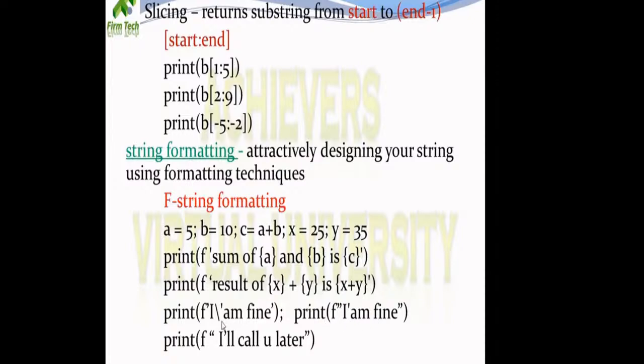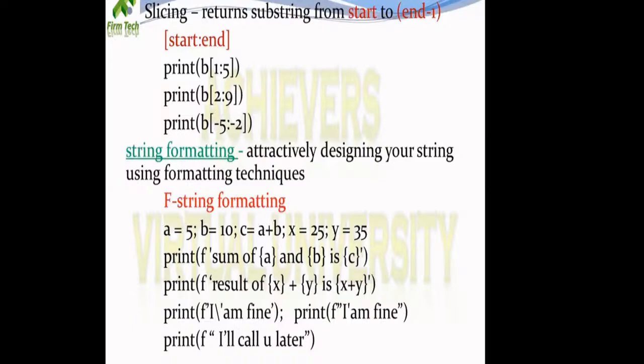If you want to avoid that escape character, we should use double quotes to denote the string. See here, F-string formatting of "I am fine" within double quotes. So in this case, we can use single quotes here. Let us go to the next case also. We have used double quotes to denote our string and a single quote between I and L, will.